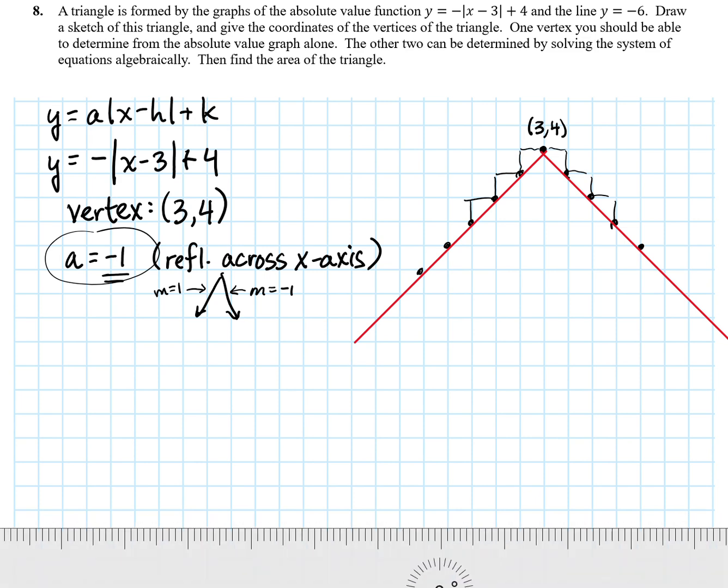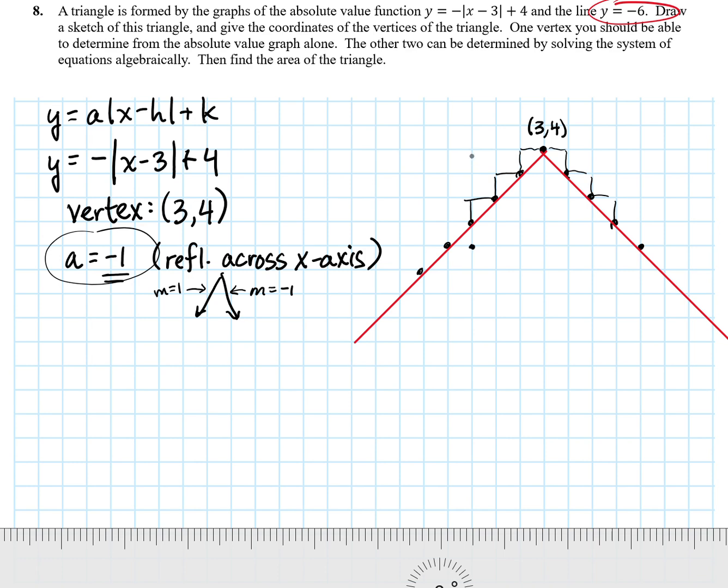The other thing we need is y equals -6. Well, y equals -6, that's just a horizontal line that goes through all the values where y is -6. Let me put the axes in here because I think that'll help. My guess is most of you drew those first. So let's see. 3, 1, 2, 3, and 1, 2, 3, 4.